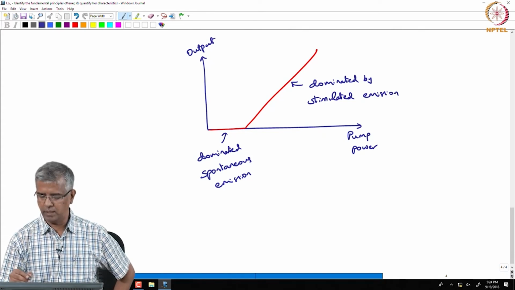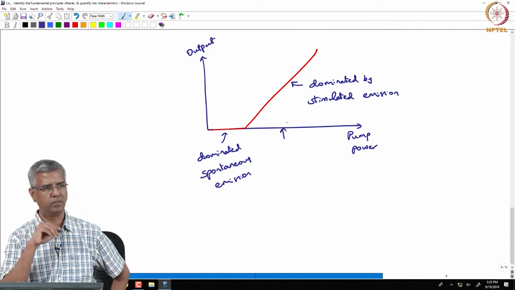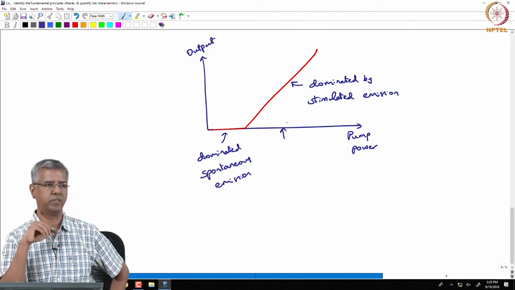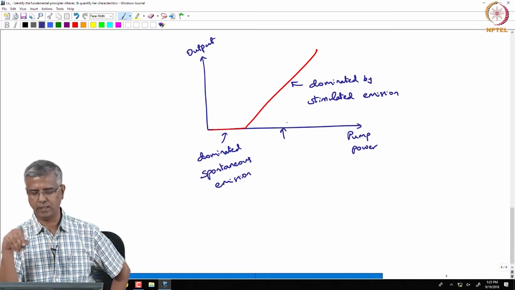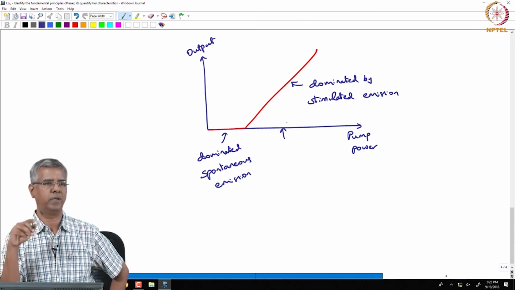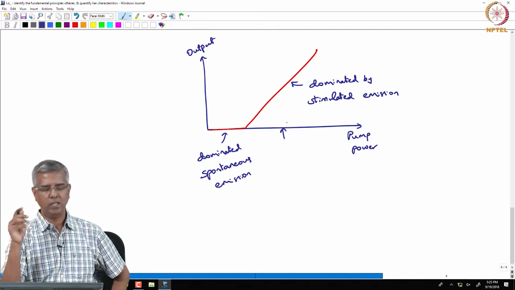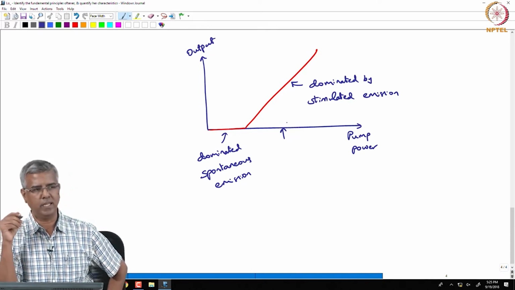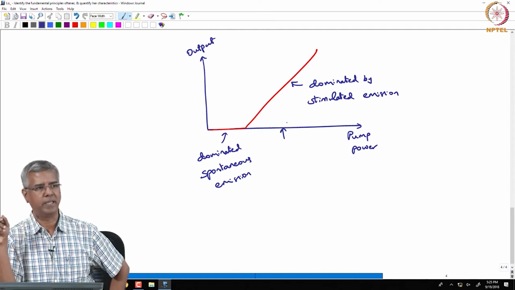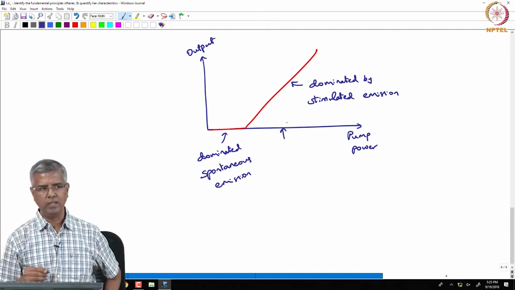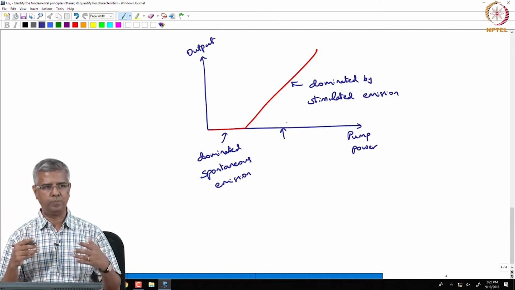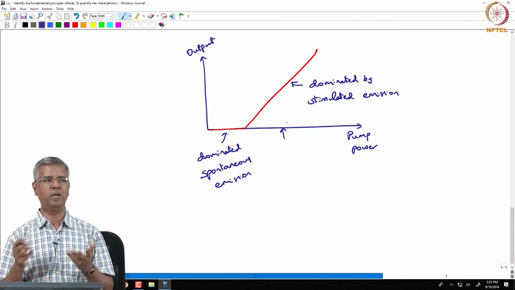So, the relaxation oscillations that we are showing is, suppose I am turning on with this much pump power, and this is actually showing that it is above the threshold. So, it is above the threshold condition as far as your gain is concerned, but still, from the perspective of photons, the photons have to build up.